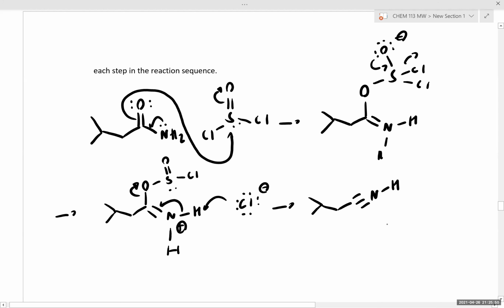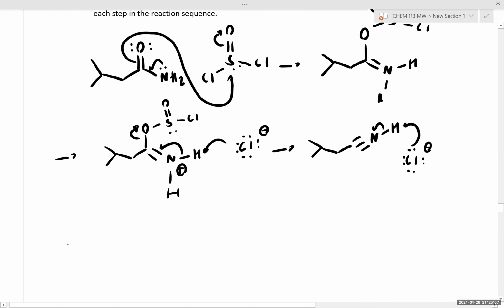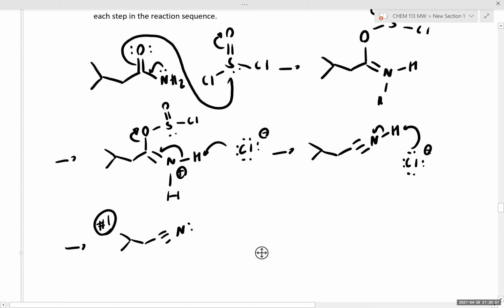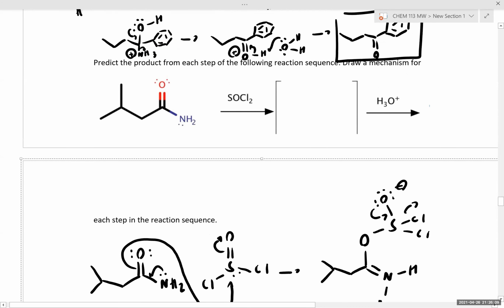And then a second deprotonation step frees up our desired nitrile. So that's the end of step 1 with thionyl chloride. So that gives us the desired nitrile.